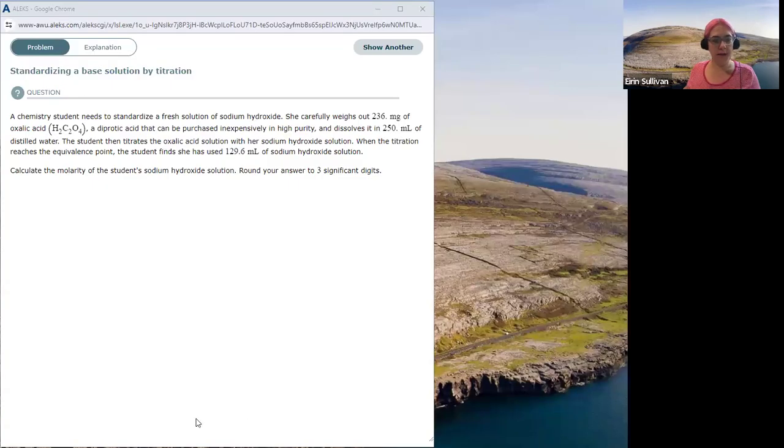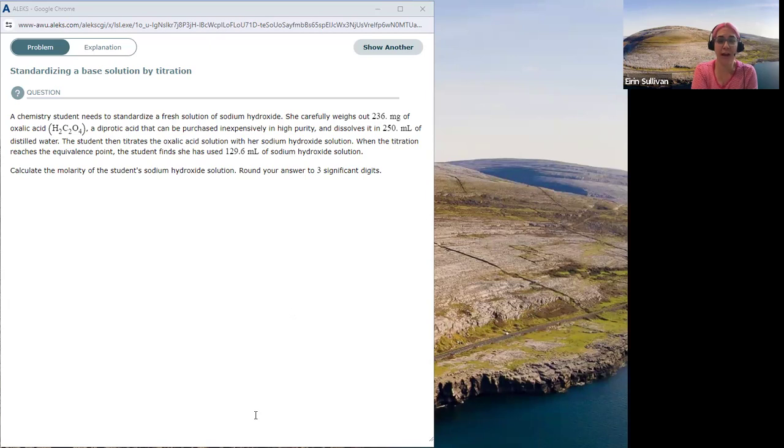Okay, so the standard base solution by titration, essentially what we're doing is we're trying to work out its concentration to as many sig figs as we can. And we can do this if the acid that we're using is a solid acid, so we can weigh it out using a balance to a high number of sig figs, so we know very accurately what mass of acid we've used.